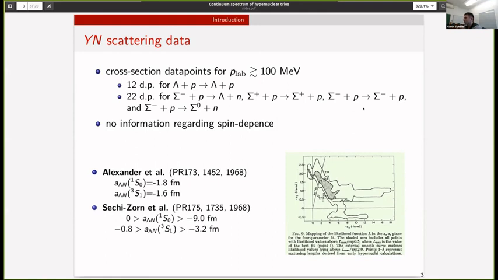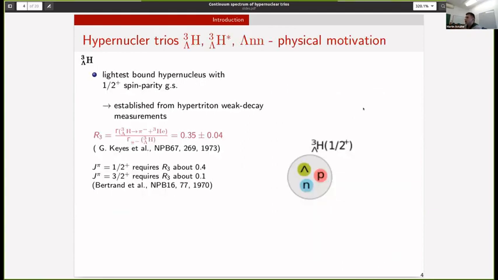Basically, they come from the 70s. So since there is a lack of low-energy lambda-nucleon scattering data, what we basically do, mostly in the baryonic models, is use the hypertriton as a very strong constraint on the properties of our theoretical models.